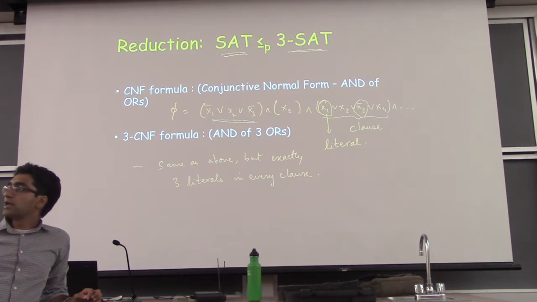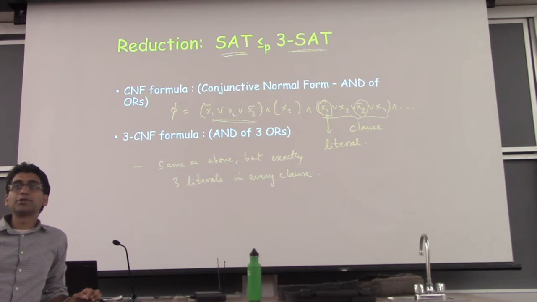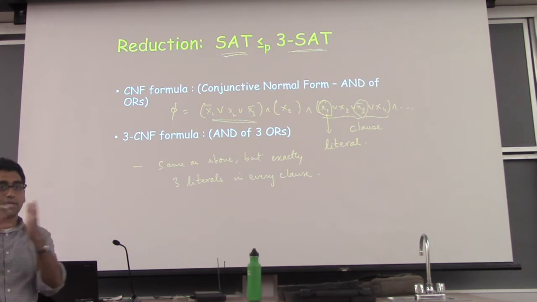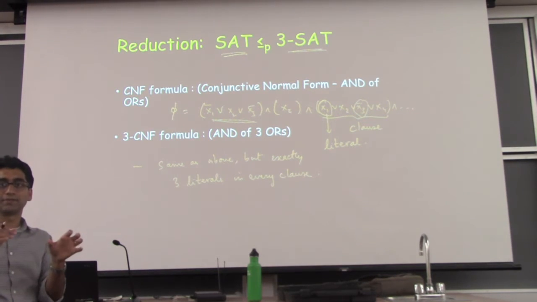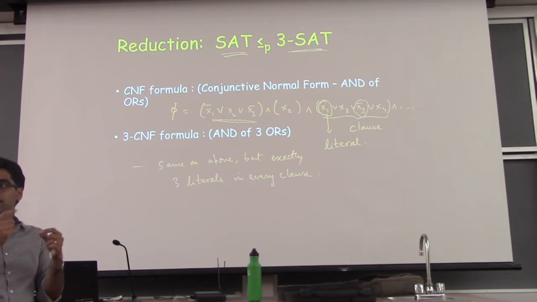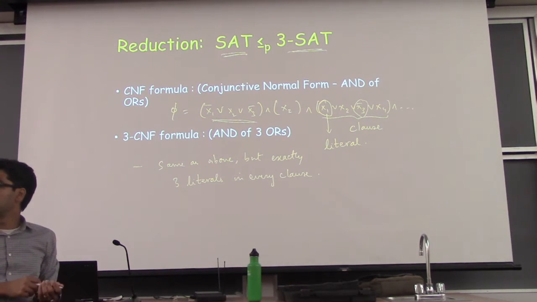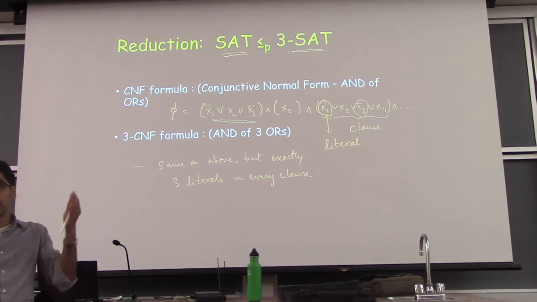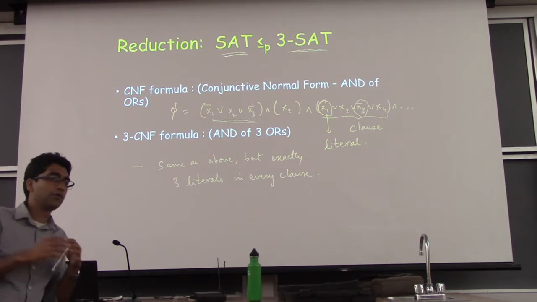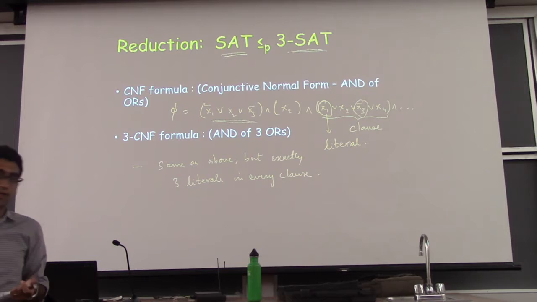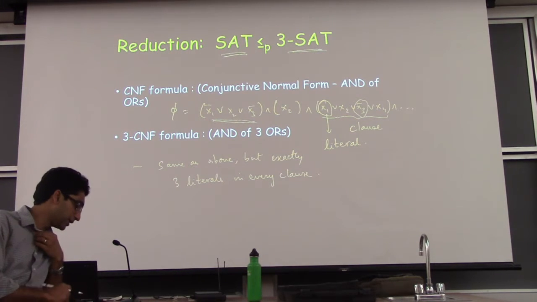Do you remember how we did it? The idea was to introduce new variables and split a clause that is too big into roughly two equal sized pieces by introducing one extra variable. This process cuts down the number of literals in every clause, and the formula size doesn't grow by too much. This is the idea we saw last time.